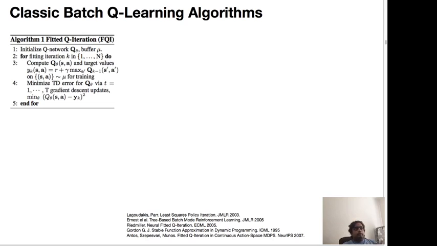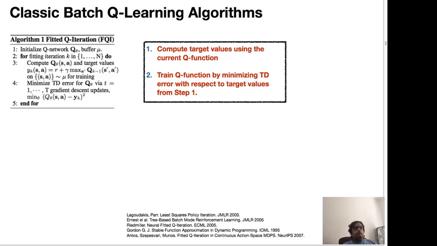You've already seen this algorithm, which is called fitted Q iteration. The broad idea behind fitted Q iteration is that you have a big data set, and here the data set can be an offline data set provided to you. That's indicated as mu in the algorithm. Now what you do is you compute the target values corresponding to the current Q function on all the state action pairs in this data set.